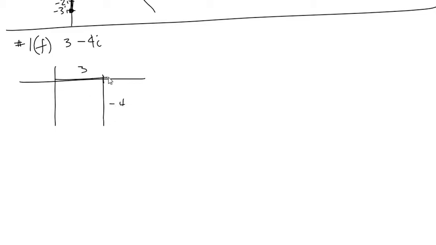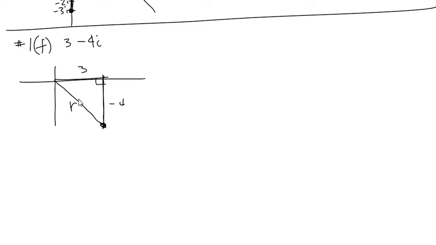So we go 3 units to the right and 4 units down. And the modulus, of course, is how far is this point right here. This point is the point 3, negative 4, and that's the point in the plane that represents this number, 3 minus 4i. And so this distance here on this hypotenuse is the modulus of that number.